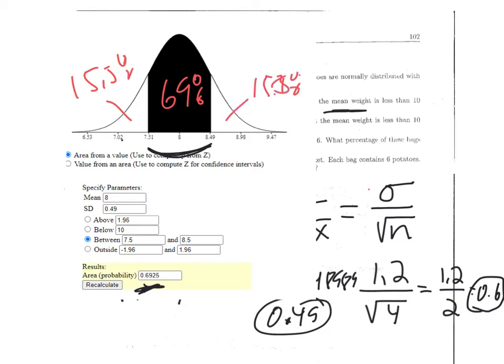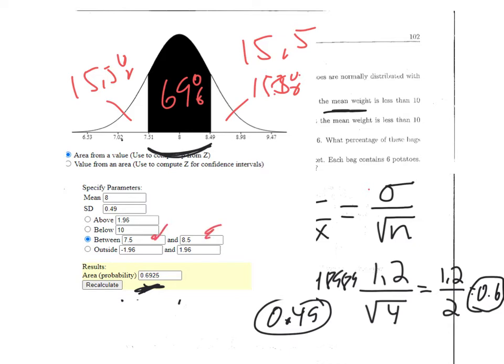So there's a 15.5% chance of getting a sample of 6 potatoes that have an average less than 7.5 ounces, and there's a 15.5% chance of getting a sample of 6 potatoes that have an average of more than 8.5. Okay, I'm getting that from those.